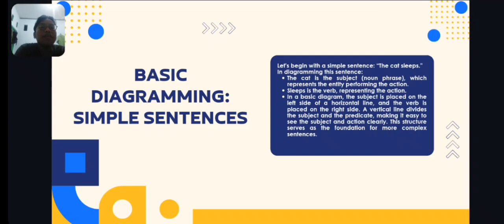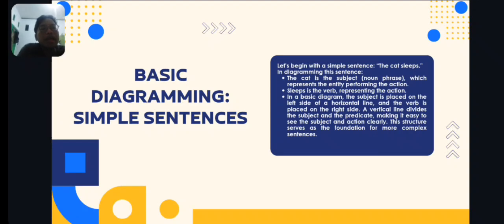Basic diagramming simple sentence. Let's begin with a simple sentence. The cat sleeps. In diagramming this sentence, the cat is subject, noun phrase, which represent the entity performing the action. Sleeps is the verb representing the action.